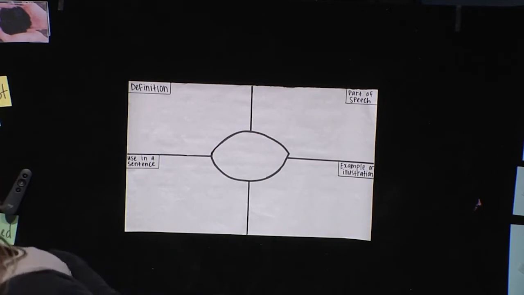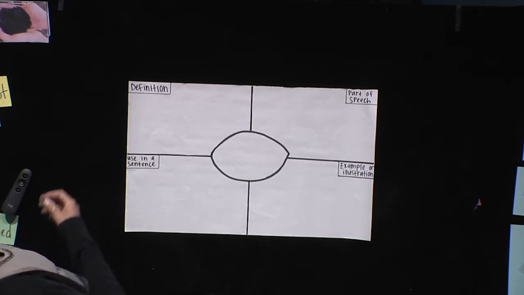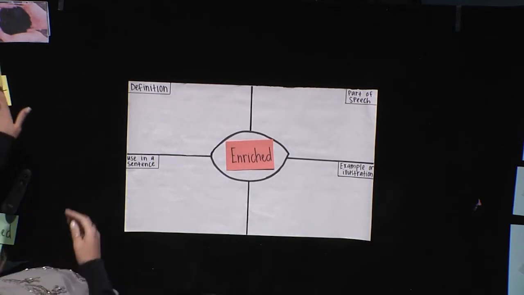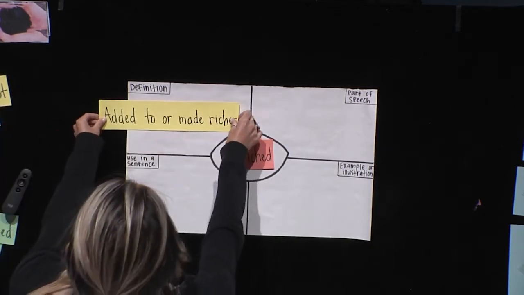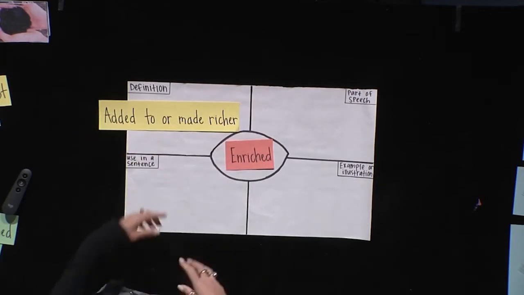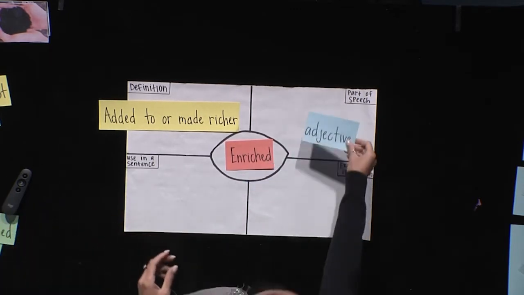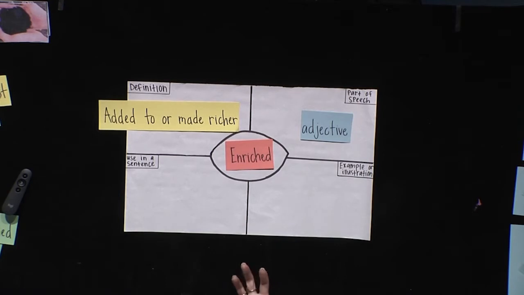So, we're going to start with the word enriched. All right, the word enriched means that we are going to add something to something, or we're going to make it richer. So that's the definition of enriched. Now, the part of speech is an adjective, because the word enriched is going to help us describe things.